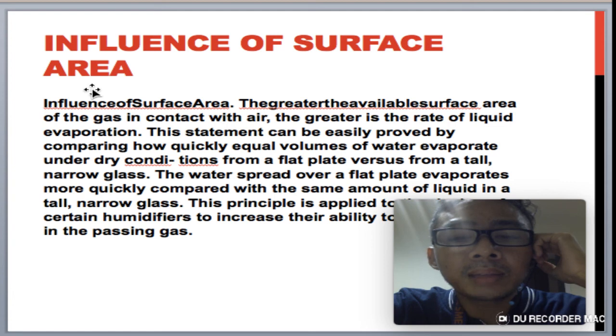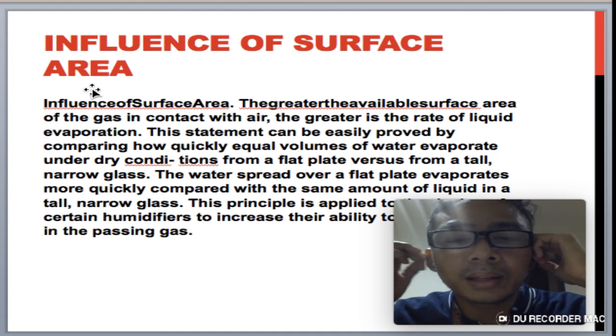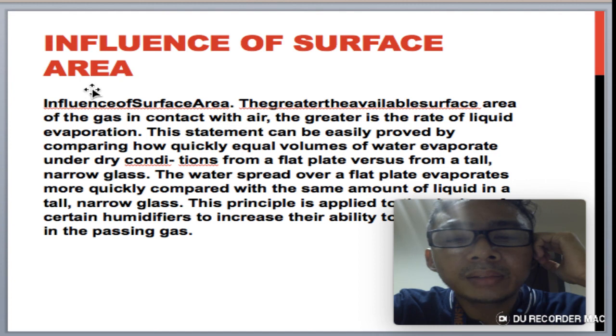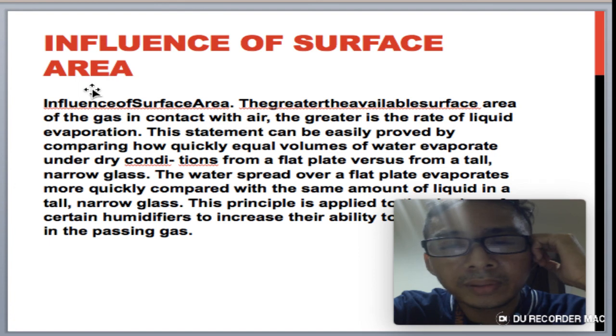So what does the textbook say? The greater the availability of surface area of the gas in contact with the air, the greater the rate of liquid evaporation. This statement can be easily proved by comparing how quickly equal volumes of water evaporate under dry conditions from a flat plate versus from a tall, narrow glass.